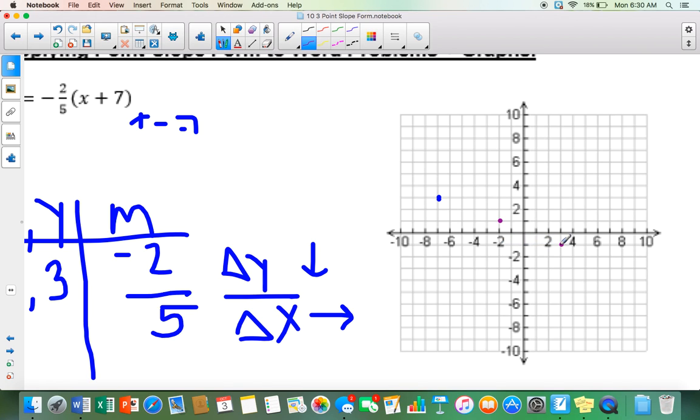I need to have at least 3 points, but I'm going to do another one. Now my line is not going to be very pretty. I'm sorry, but yours should be a lot prettier than mine. I totally should have gone through that point. And we see from left to right, my slope is negative, which is what it was here.